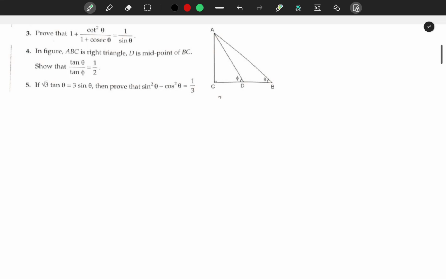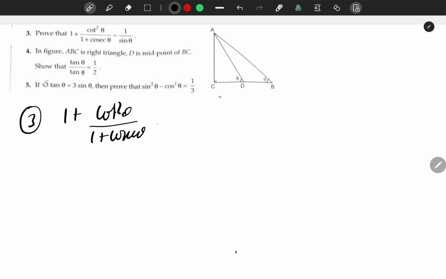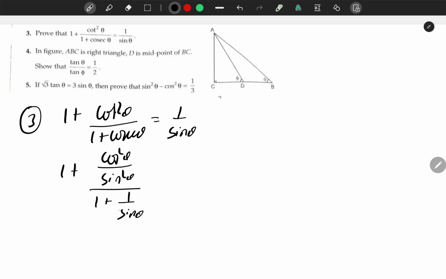Then third one: (1 + cot square theta) by (1 + cosecant theta). We need to show that it is equal to 1 by sin theta. So cot square theta is cos square by sin square, by 1 plus 1 by sin theta.